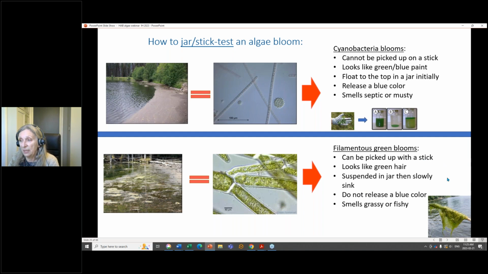It looks like green hair. It'll stay suspended in a jar and then slowly sink as it starts to decompose. It will not release a blue color, and it smells grassy or sometimes fishy because of all of the small aquatic invertebrates that are trapped inside the filaments when they start to die off. So that's the difference between a jar and a stick.